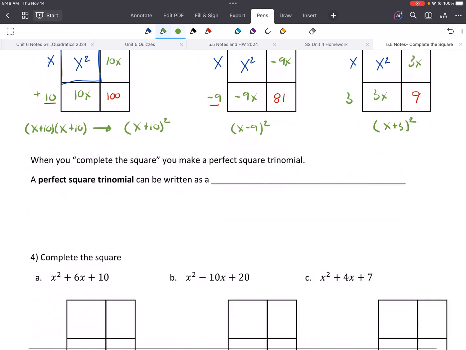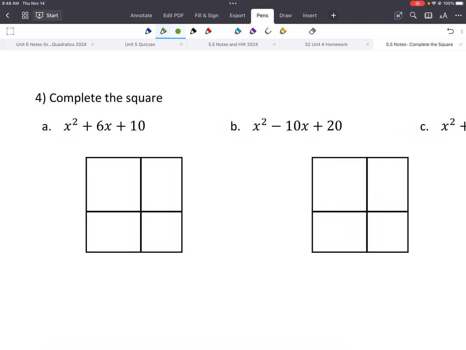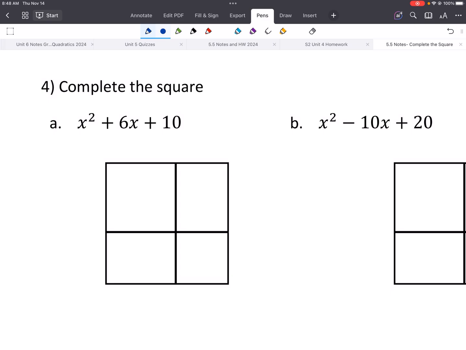So now let's go to an actual problem that you would see. Here we have a quadratic. We want to complete the square. So again, we're going to start the same way. Half of 6 is 3, and that's our middle term. What completes the square?